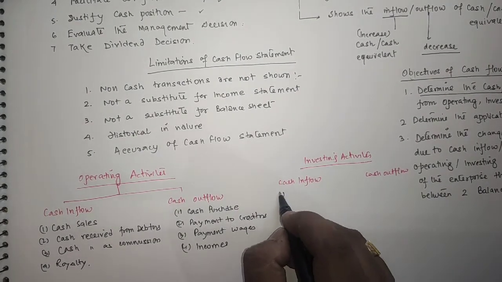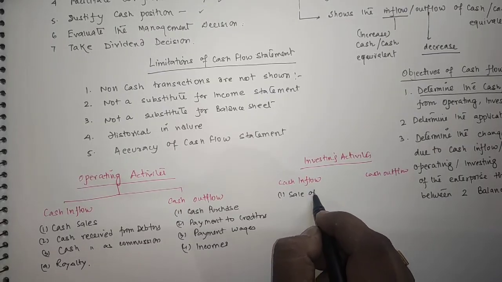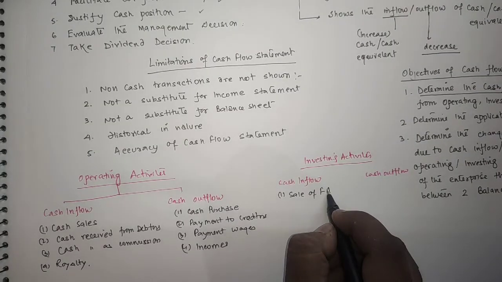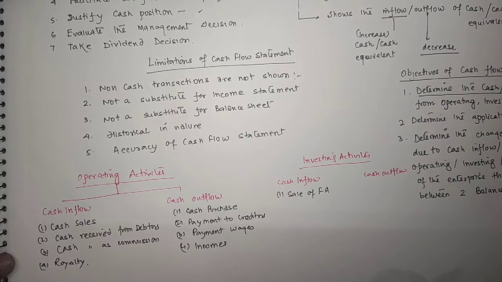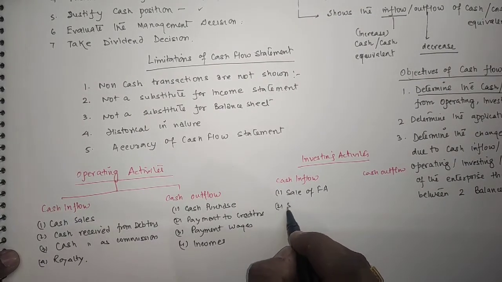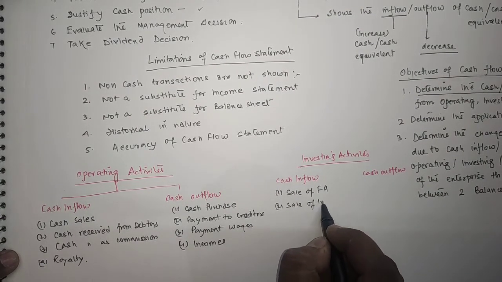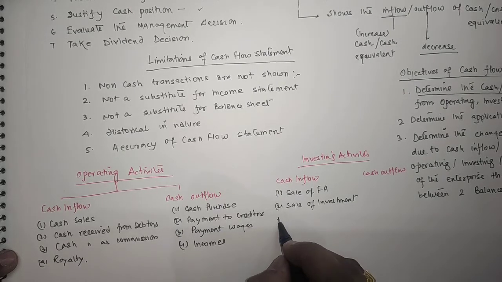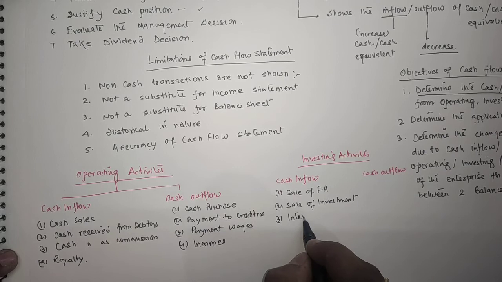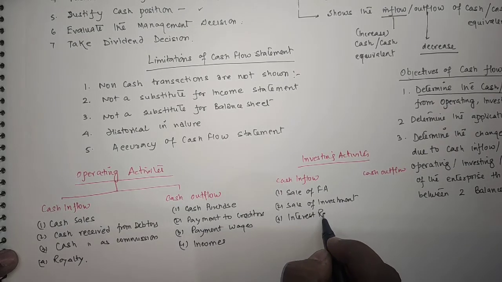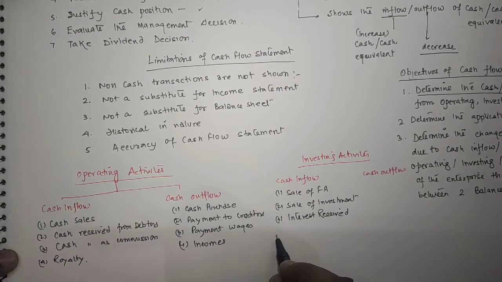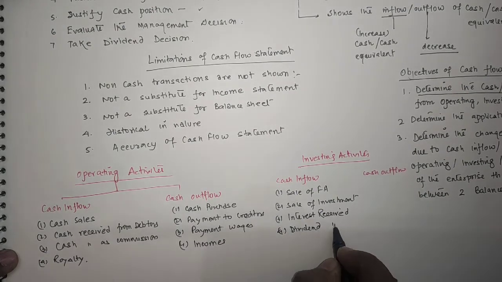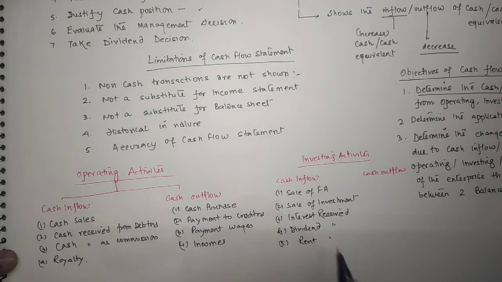We have sale of fixed assets, then sale of investment, then interest received, then dividend received, or rent received.